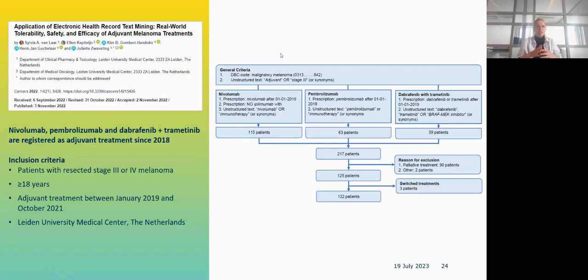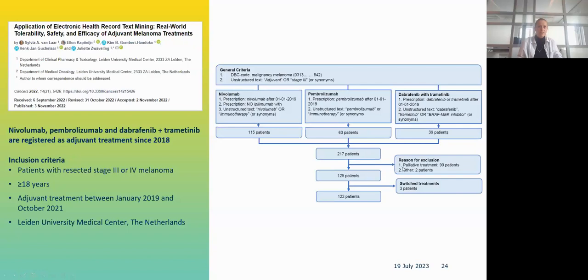So we looked for text for adjuvant or stage 3 or synonyms of this to make sure we have the actual population with adjuvant melanoma. And then per treatment, we looked for prescription and for validation in the free text that they actually had this prescription at least once. So in this way, we could include them.